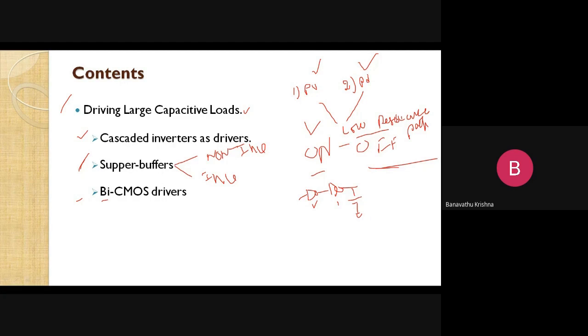So the BJT turns on within a smaller input voltage compared to MOS transistors. The transition from off to on is very fast, so automatically the system performance increases and the delay is reduced. These are the concepts I am going to discuss.